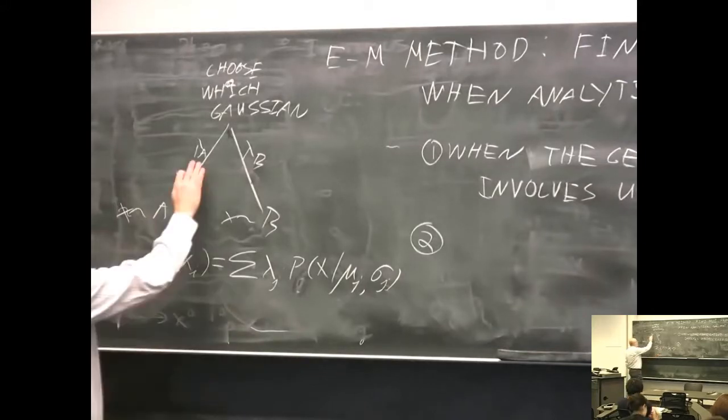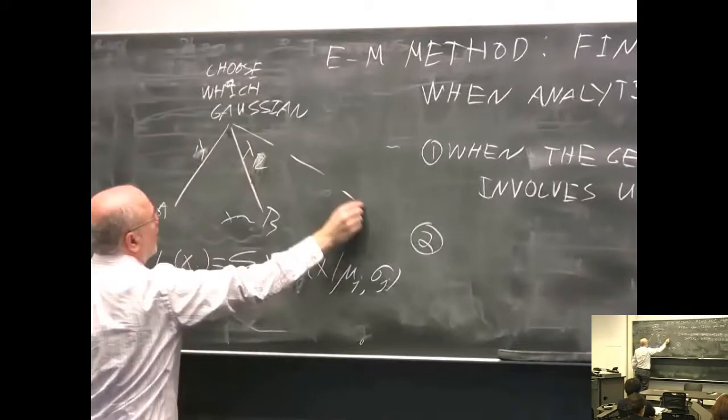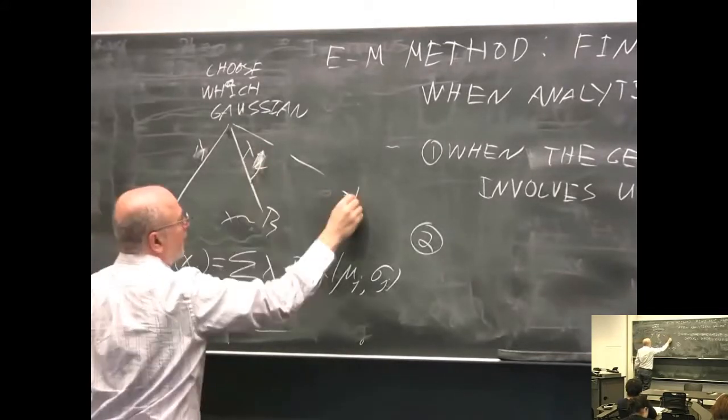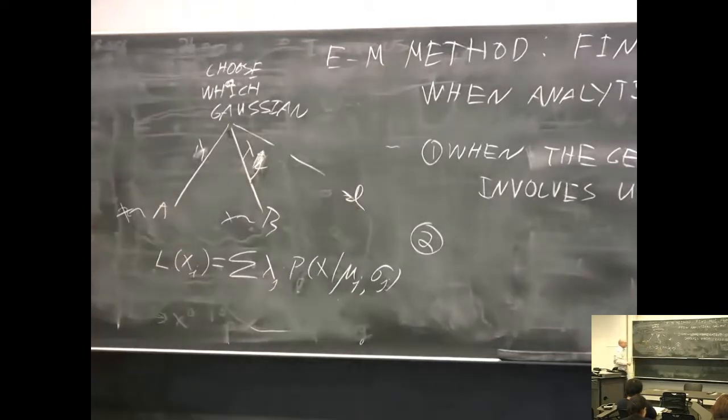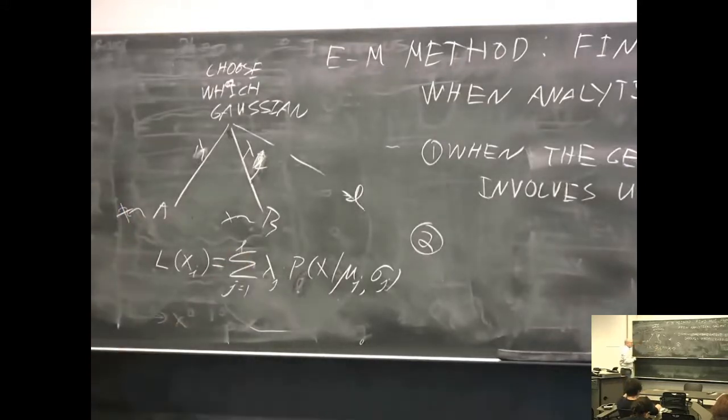It doesn't even have to be 2. So let's make it 1 and 2, and this is J, and this is up to L. This is the mixture of Gaussians.